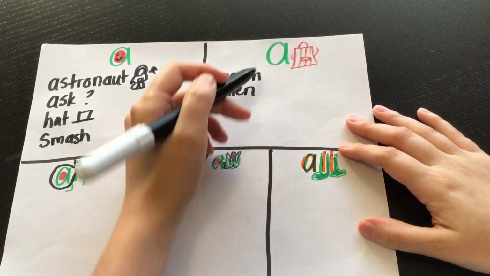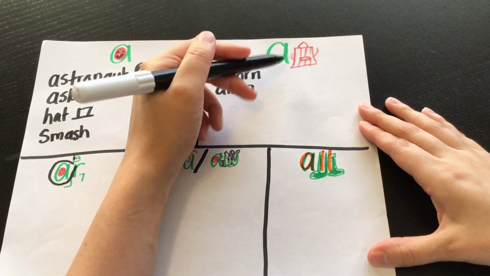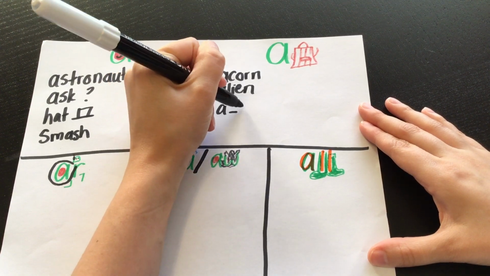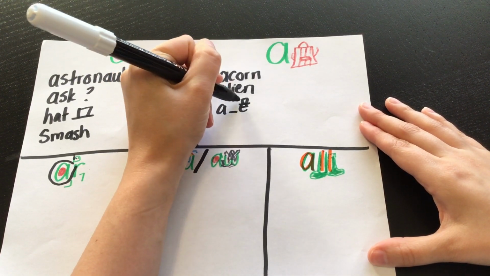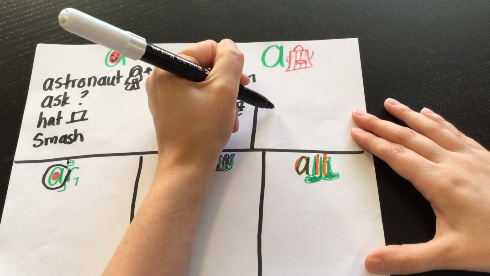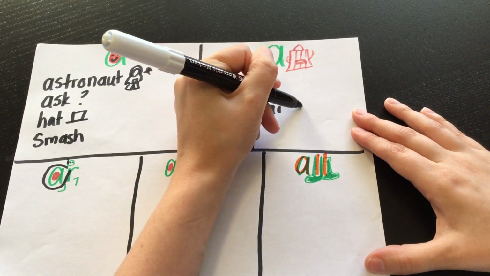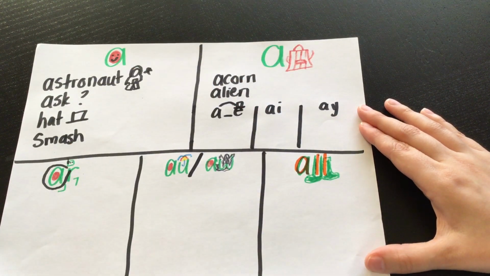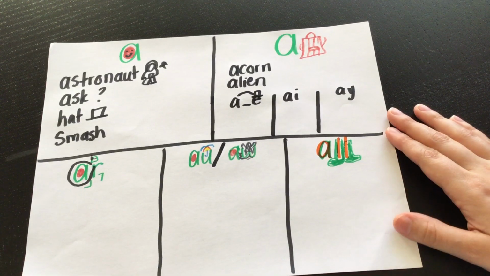There's more than three, but three ways that we talked about where Mr. A shows up a lot, right? So we know if we have an A and then a magic E, we see Mr. A appear. We know if we have an AI, we see Mr. A appear, and we know if we have an AY, Mr. A is saying his name, right?